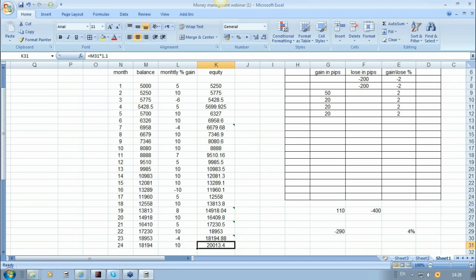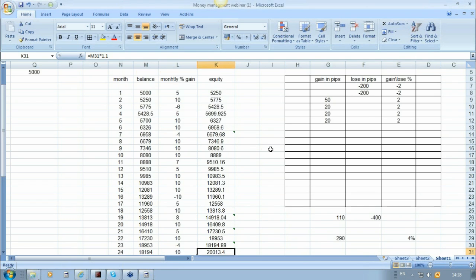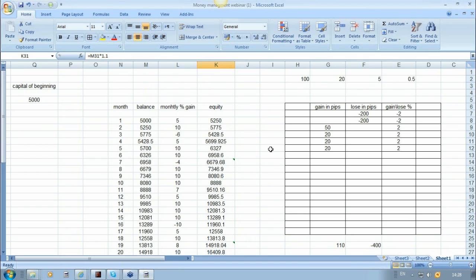Lucian asks, how did you calculate the lot size? The lot size depends on the stop loss. For example, if I have 5K in the account and I risk 2%, that's $100 risk. Now I see my stop loss. I make the analysis and I see my stop loss is 100 pips. Okay, I make the math. $100 should be equal to 100 pips.